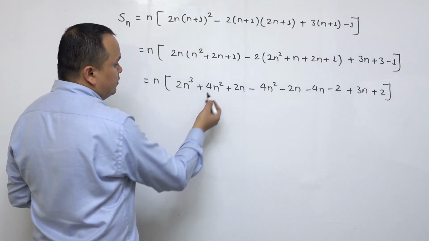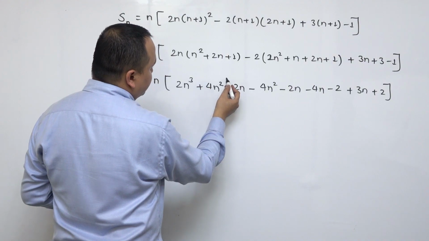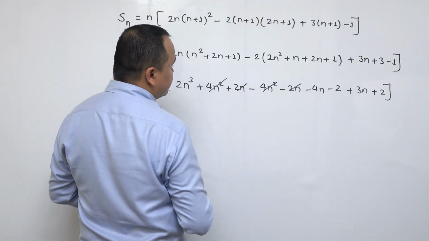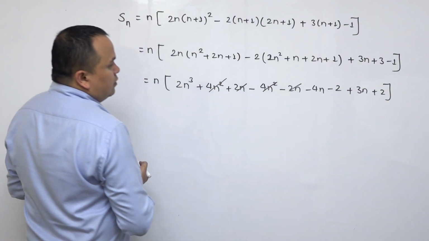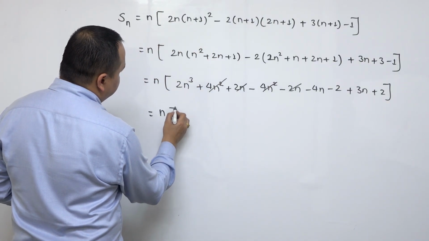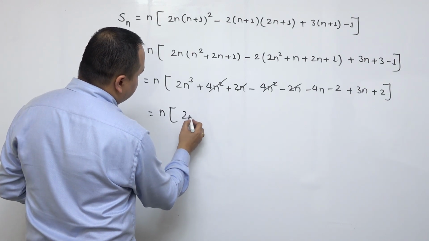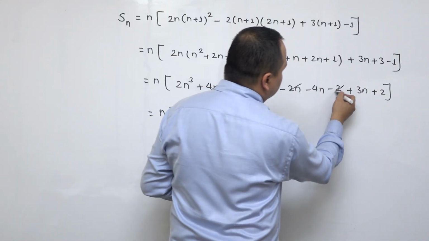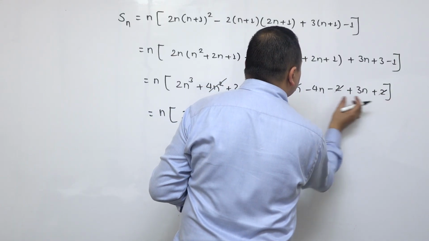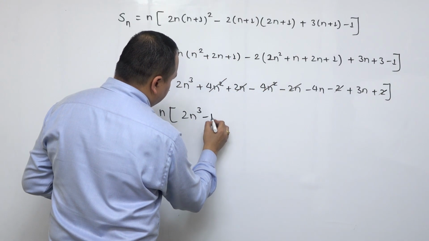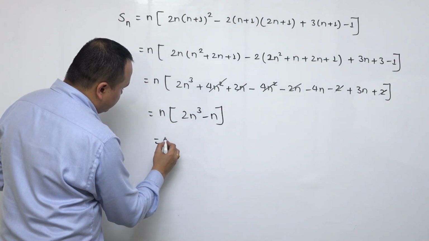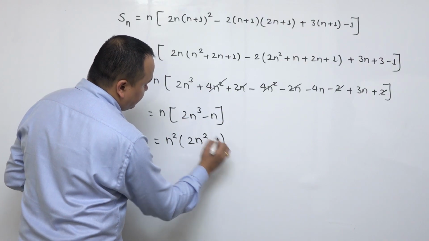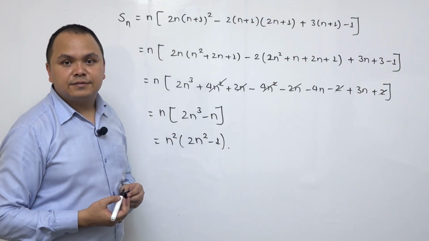Here 4n square minus 4n square cancel, plus 2n minus 2n cancel, and we have 2n cube minus 4n and then minus 2 plus 2 cancel, the minus 4n plus 3n is minus n. n is common, then n times 2n square minus 1, which is the answer.